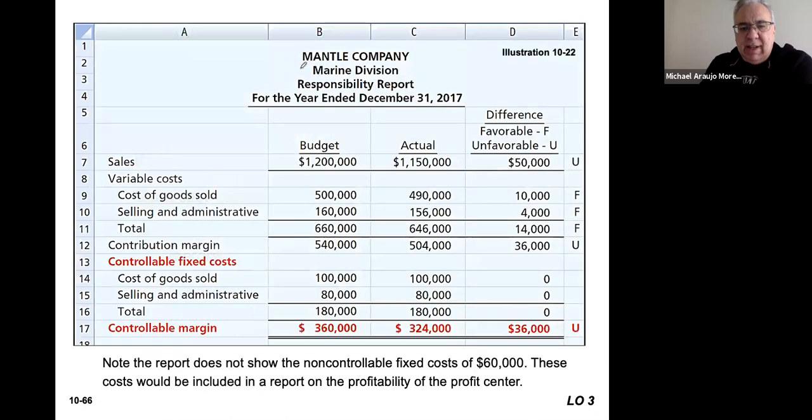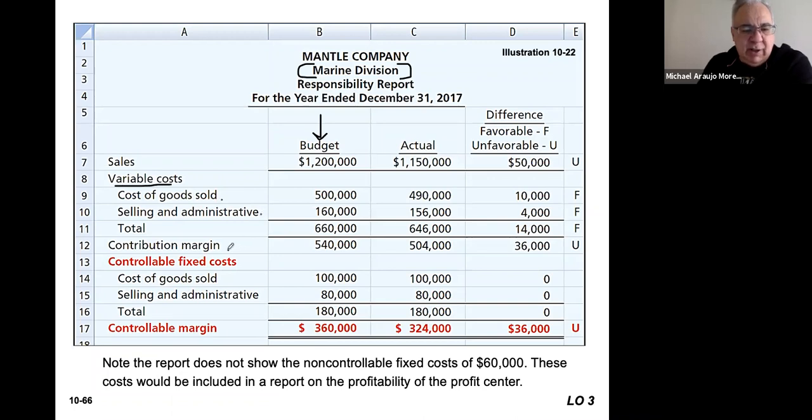So here is the responsibility report for the marine division for Mantle Company. And here is the budgeted line here showing sales budgeted of 1.2 million. They have variable costs of cost of goods sold, selling and administrative expenses.